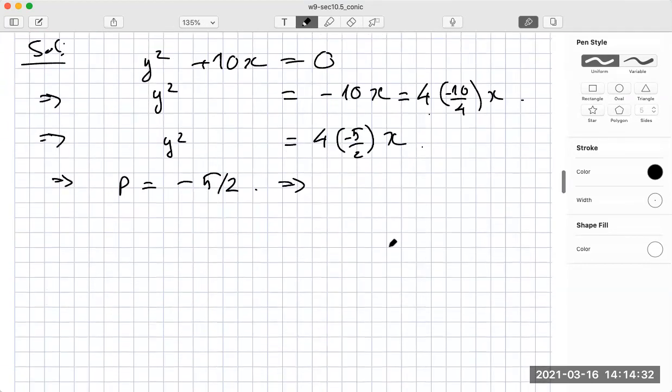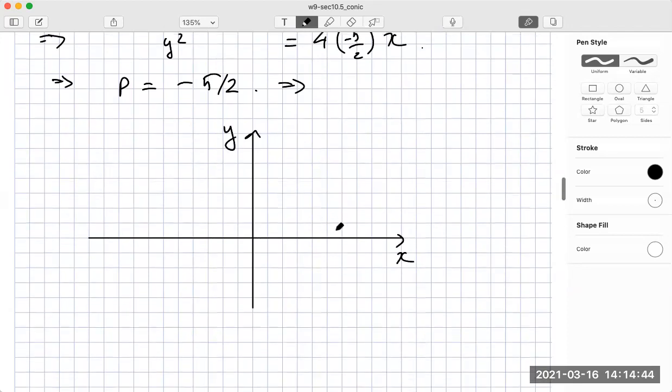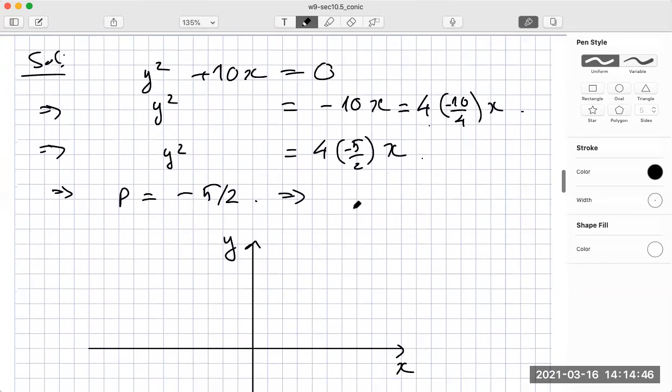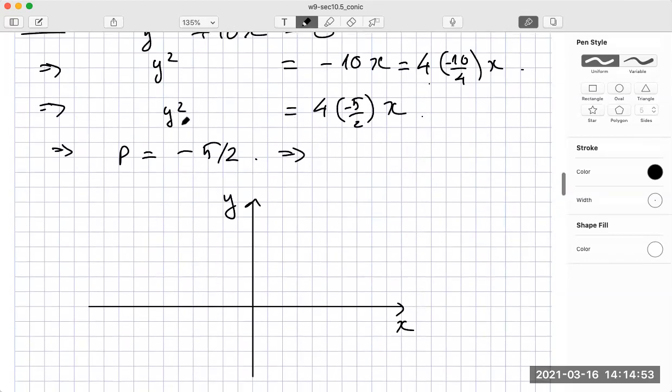How can we memorize these things? Okay, let us do it this way. Now imagine that this is the graph. y squared is equal to a negative thing, right? If x is negative, then it makes sense, right?